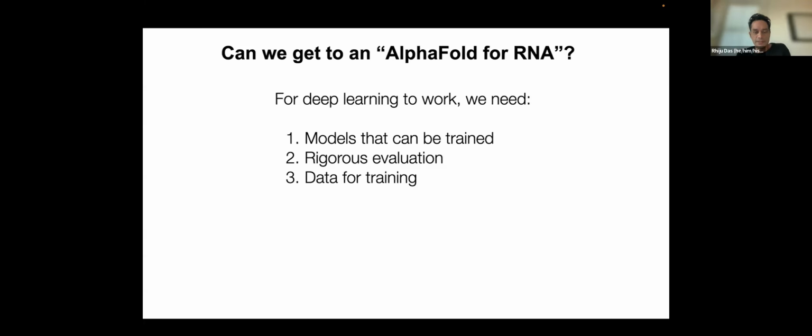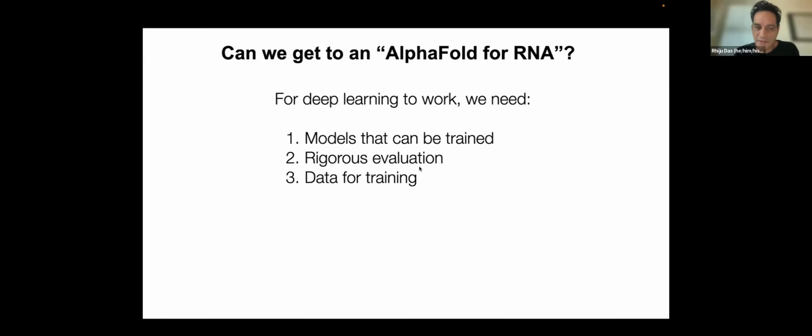And as you can see, we actually have now several models that can be trained. Most of those groups that were highlighted in orange in the previous slide have made their code open source. And so that's a wonderful thing. We have something like 18 to 20 models that we can play around with. We have rigorous evaluation in the form of the RNA Puzzles and the CASP trials.